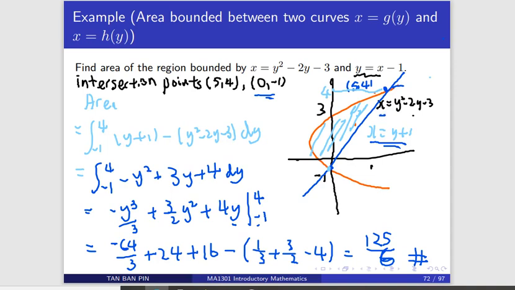Then of course you have to sketch both curves and look for the intersection points, especially the y values, which will be the lower and upper limits of your integration. And then the final answer, the area, is 125 over 6.